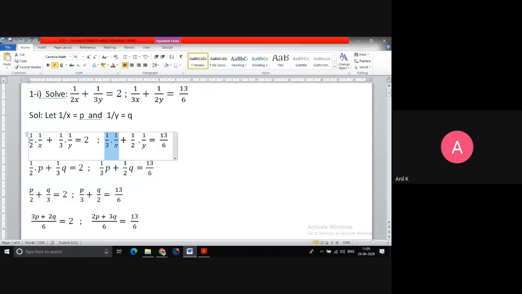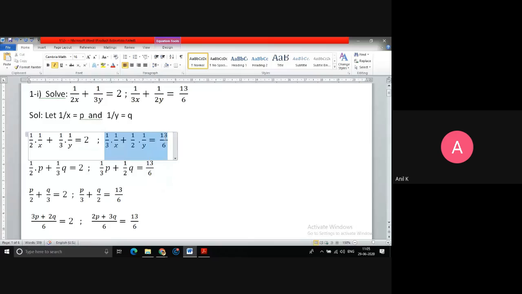Now 1 by 2 I will keep as it is here also. In place of 1 by x, I replace it as p. So you will get 1 by 2 into p plus 1 by 3 into 1 by y. So 1 by y I have taken as q. So it will come as 1 by 3 into q equals to 2.